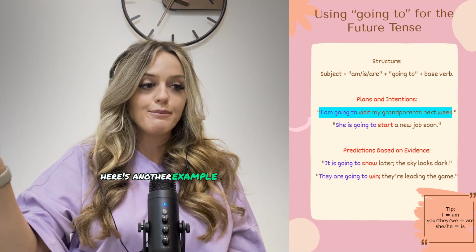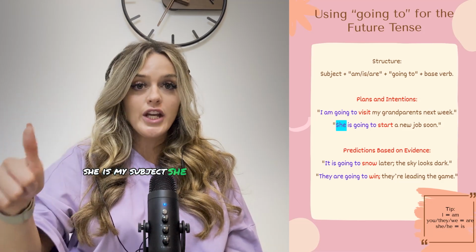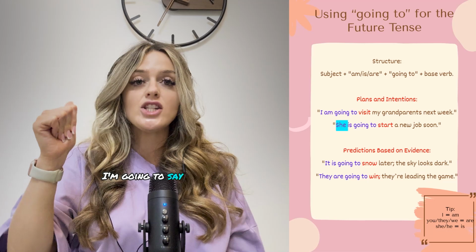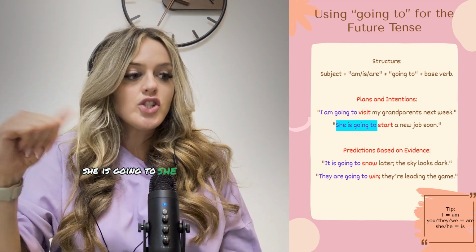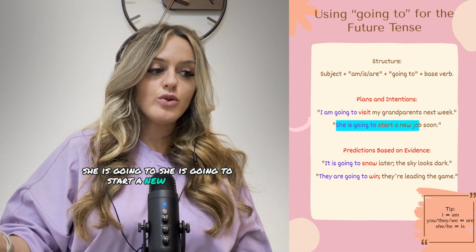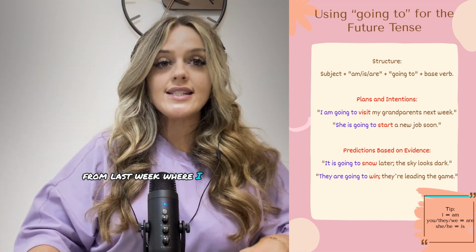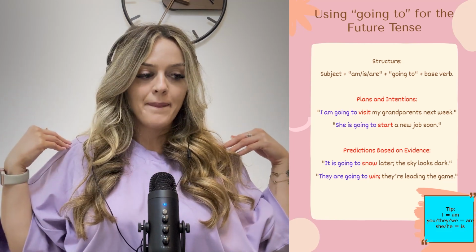Here's another example. She is my subject. She. Now I'm not going to say she am. I'm going to say she is. She is going to start a new job soon. We're going to go over that learning again from last week where I said I, and I use the word am.